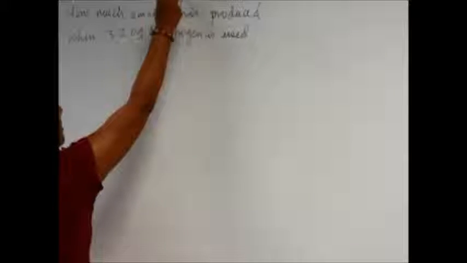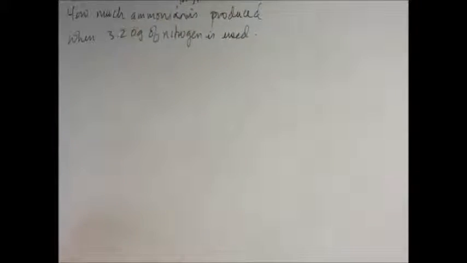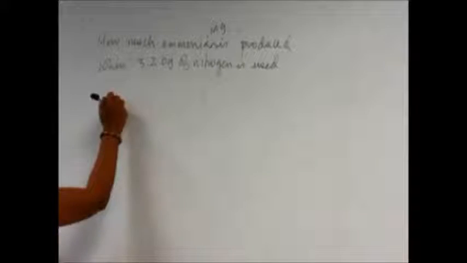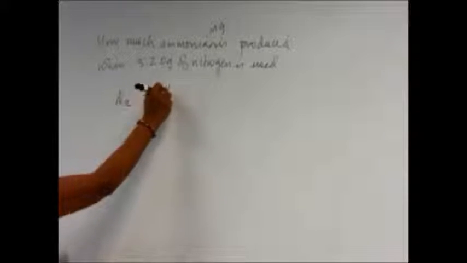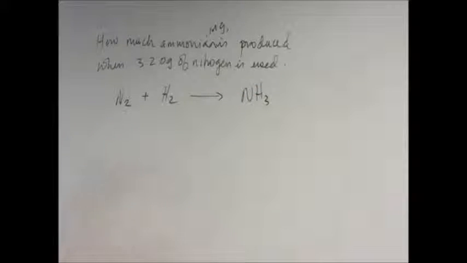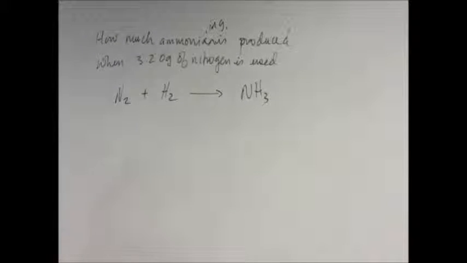And if I don't write it, please take it for granted that this is in grams also. How much ammonia in grams is produced, not in moles. So this is our same equation we wrote before. Nitrogen plus hydrogen to give you ammonia.